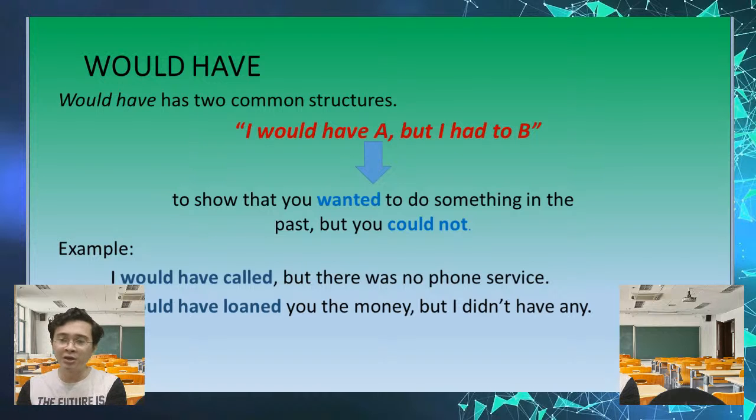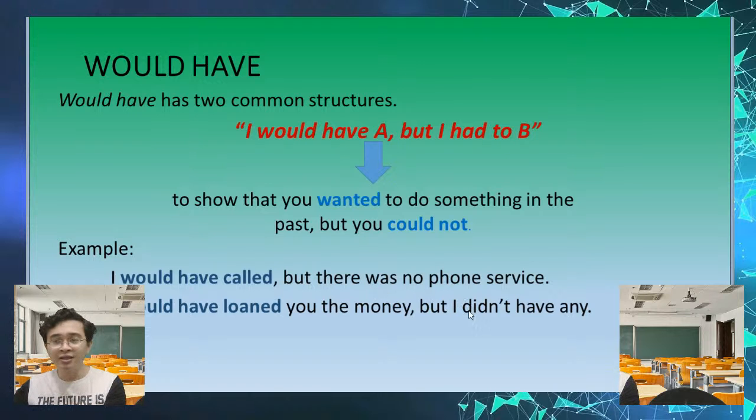And also we have this one. I would have loaned you the money, but I didn't have any. So this one is all in the past, right? So, but I didn't have money. So the word had there, we use had because it's in the past. If you notice in our two example sentences, we use was here. So for was, it's also in the past.